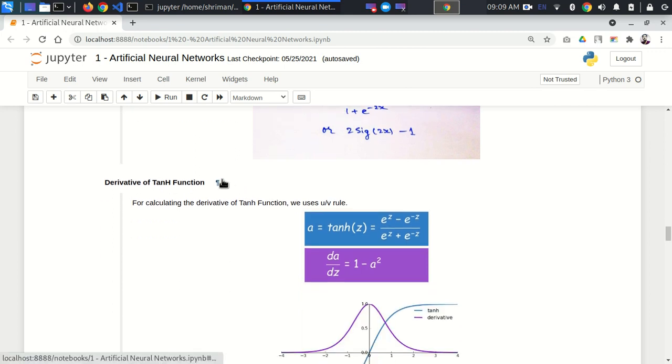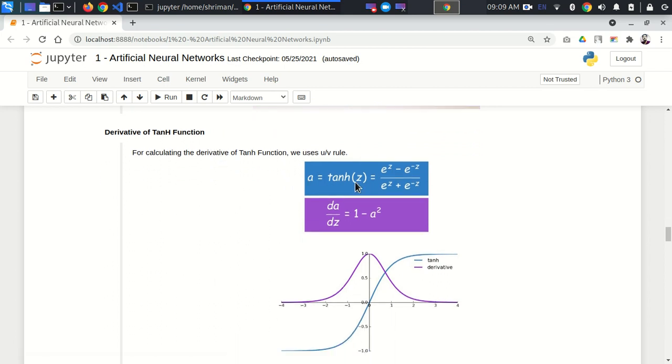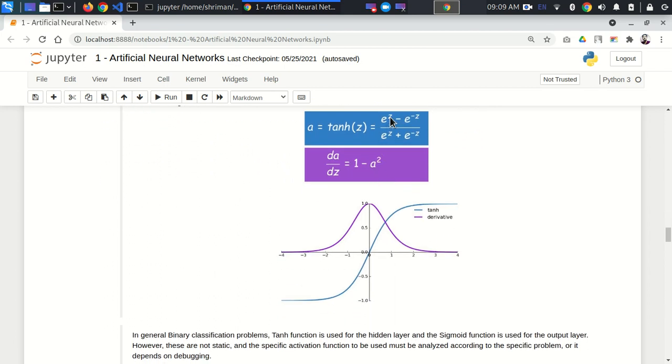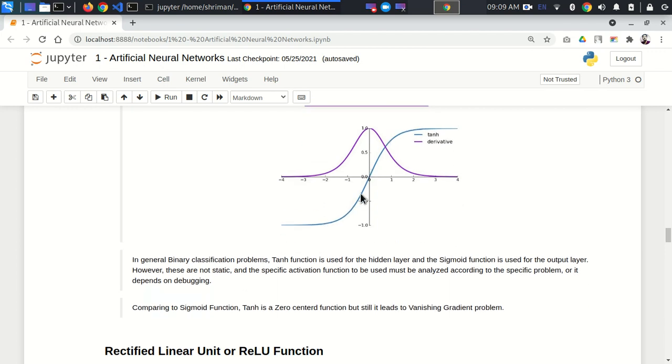Now, its derivative: d/dz of tanh will be 1 minus a squared, where a is tanh z. So 1 minus the square of tanh z. This is your tanh, and this is your derivative, which is very similar to the sigmoid's derivative. So in that case it is going to work.